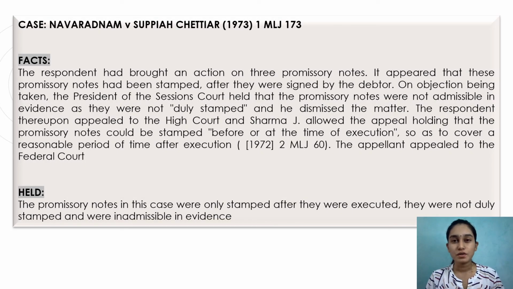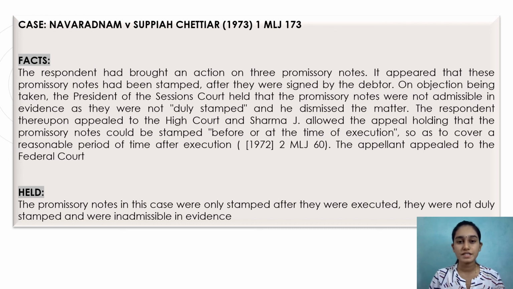This is an example of a case related to section 47, the case of Navaratnam versus Supaya Chediyar, reported in 1973. The facts of this case were that 3 promissory notes had been brought by the respondent in an action. The promissory notes had been stamped after they were signed by the debtor.